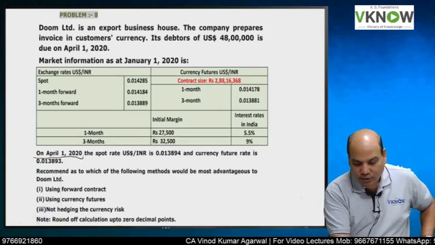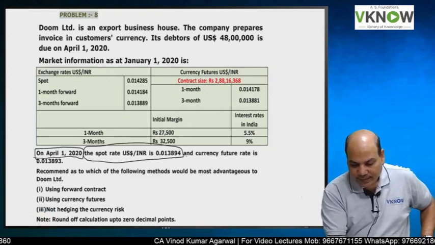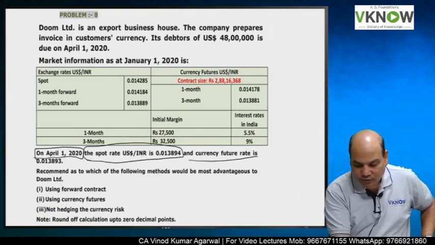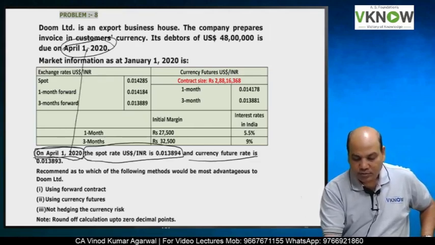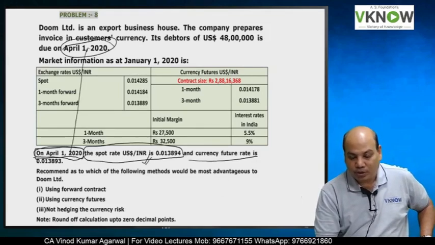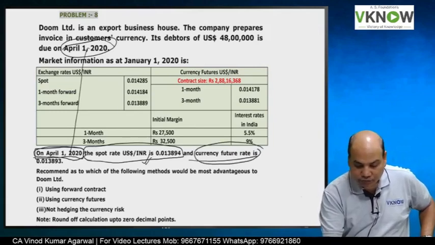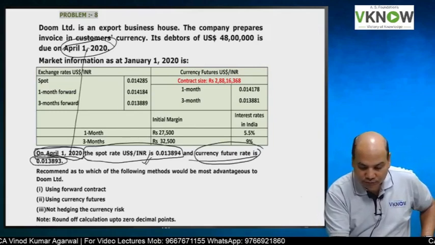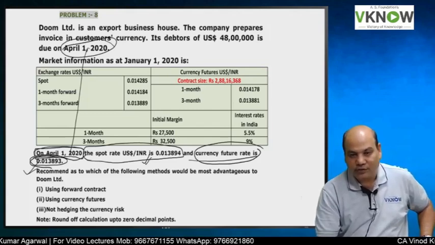On 1st April 2020, the spot rate is given and the currency future rate is given. This is on maturity, not spot. When you go to the maturity date, you find that in the market the rate between dollar per rupee is 0.01384, and on that date the currency future is also trading at almost the same rate, but it is different.